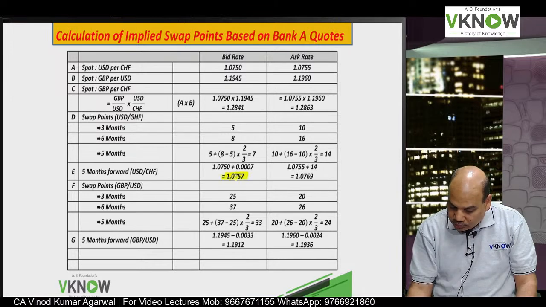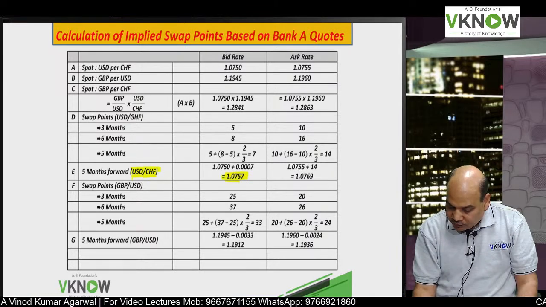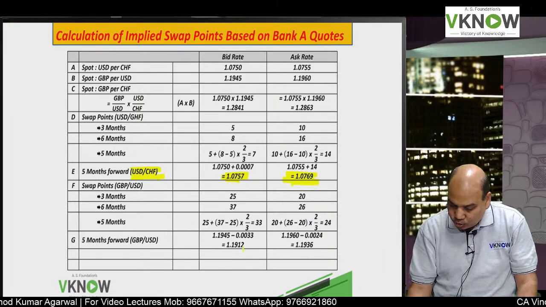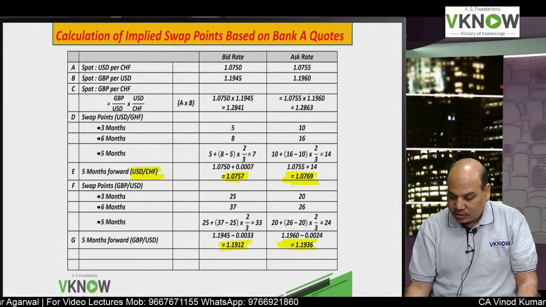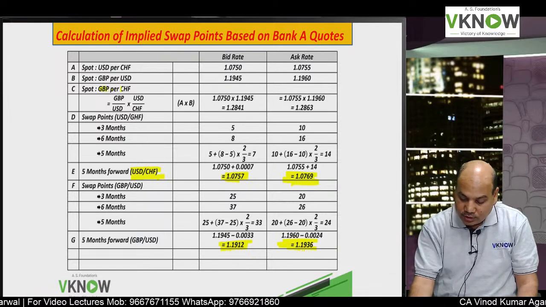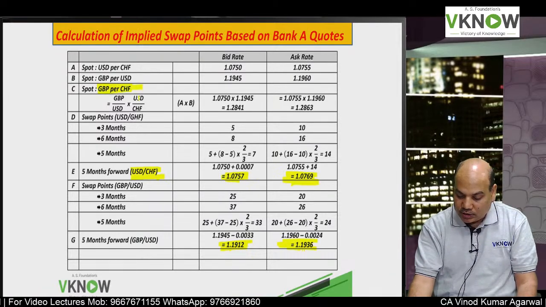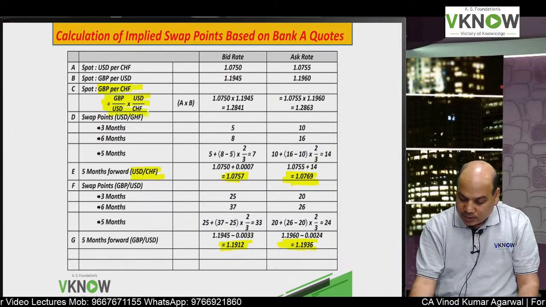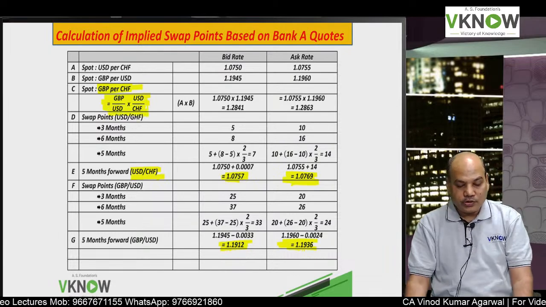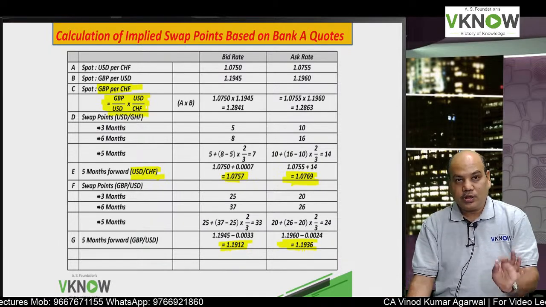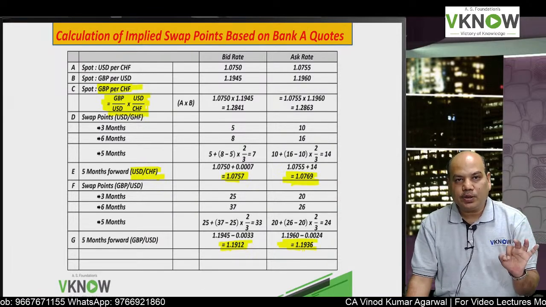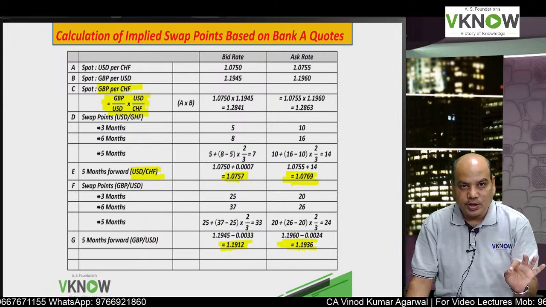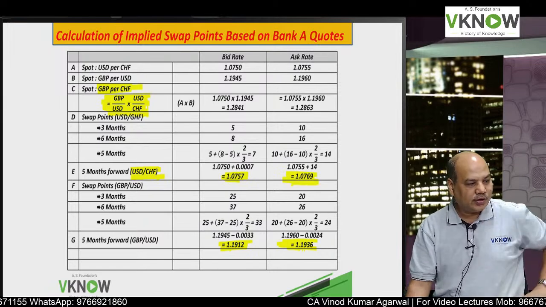You have got USD per CHF. You have got GBP per USD. But what they want is GBP per CHF. So again you will apply the cross rate rule, and you will be able to find out the 5-month forward GBP per CHF.